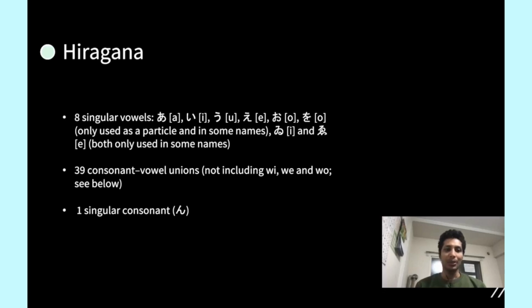Similar to what we have in the English alphabet, hiragana also consists of 8 singular vowels and then 39 consonant-vowel unions that don't include V and O. So what is V and O? We will explain later. And then there is one singular consonant.